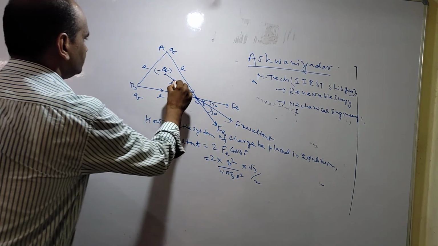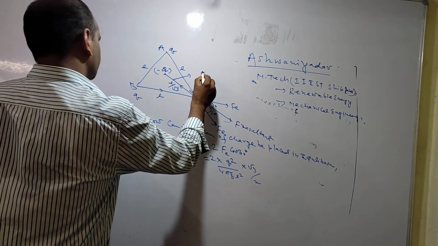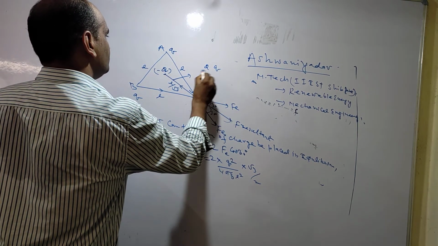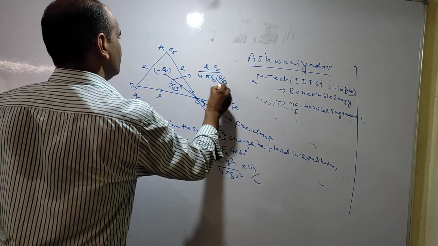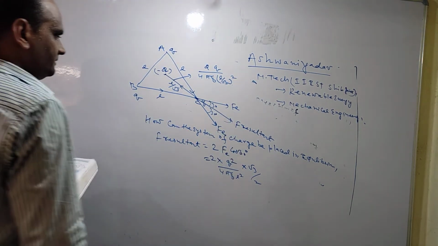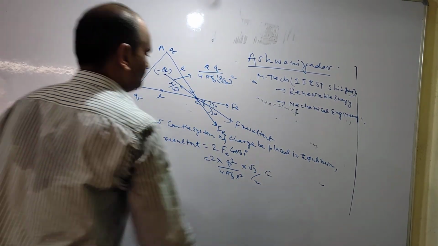This will be equal to the attraction force, Q times q by 4 pi epsilon naught (L by root 3) whole square, otherwise how can you maintain this equilibrium?